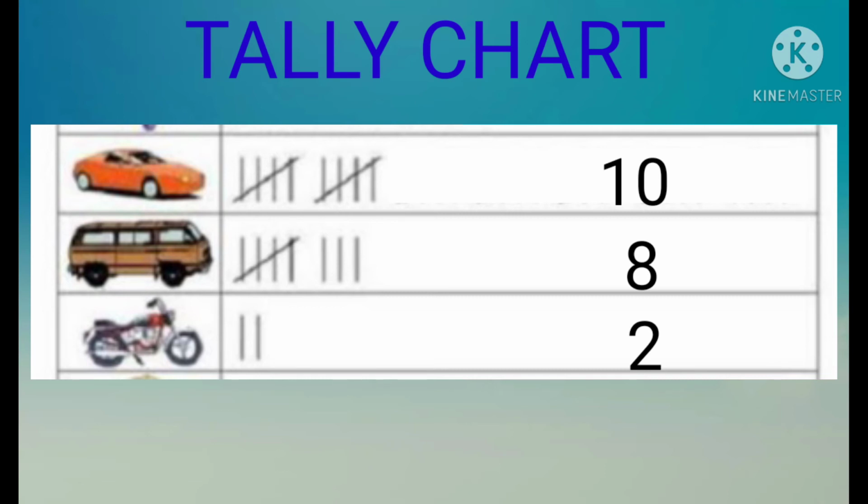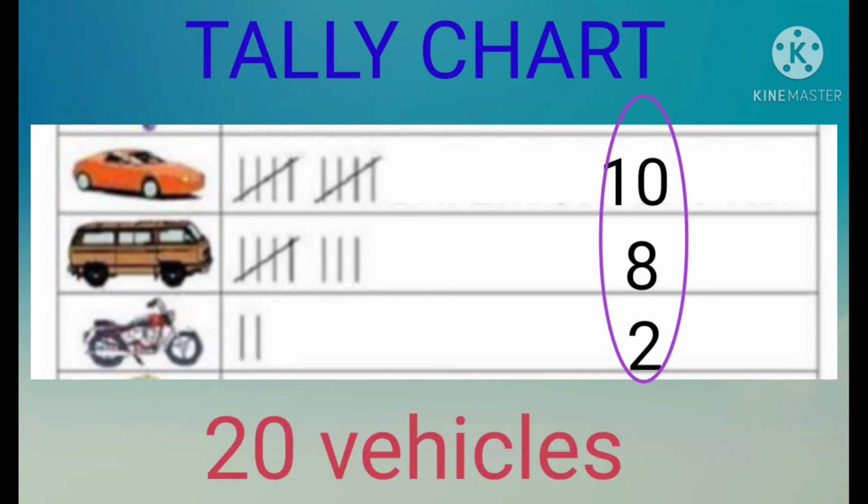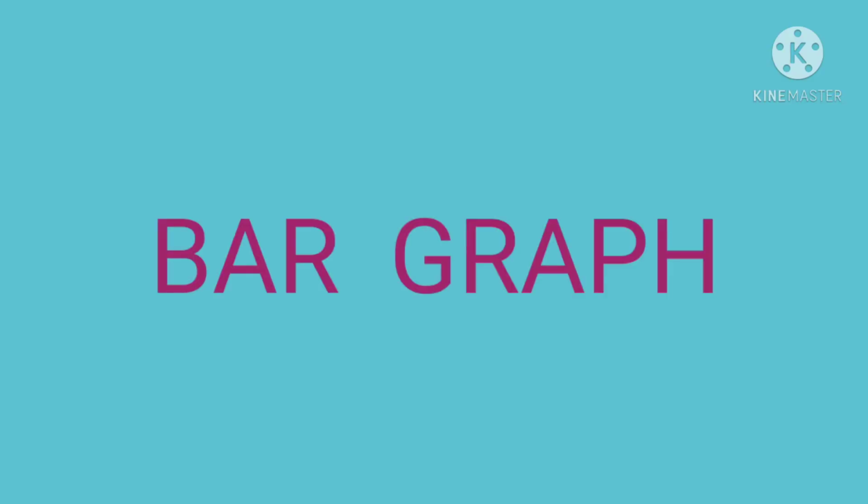Now let us find out the total number of vehicles that pass by the gate in an hour. That is equal to the total number of cars plus the total number of vans plus the total number of scooters, that is equal to 10 plus 8 plus 2, which is equal to 20. So that was about a tally chart, children.